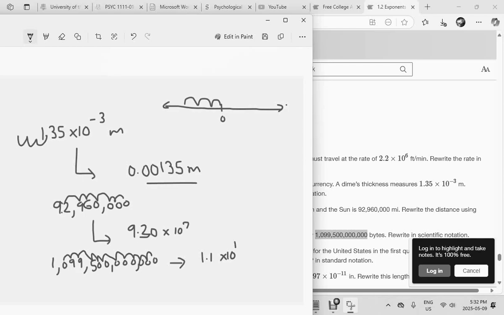So 10 raised to 12. So 1.1 times 10 raised to 12.